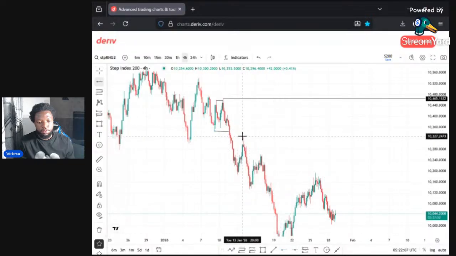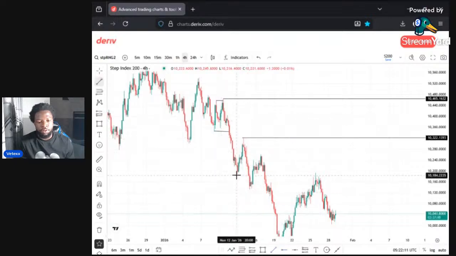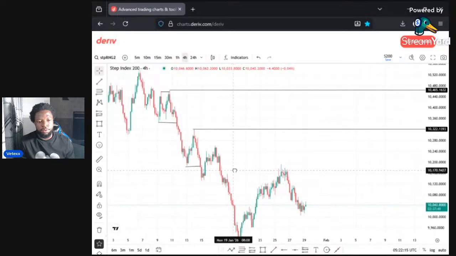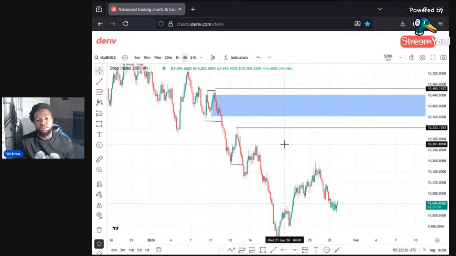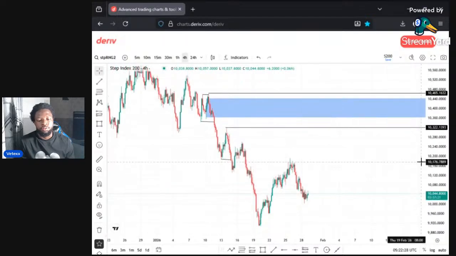We have a structural liquidity, and then we have second break of structure, which is this. Remember, this is the 4-hour time frame, so this is better. Okay, and then this right here becomes our point of interest. So this is what we have on Step 200.